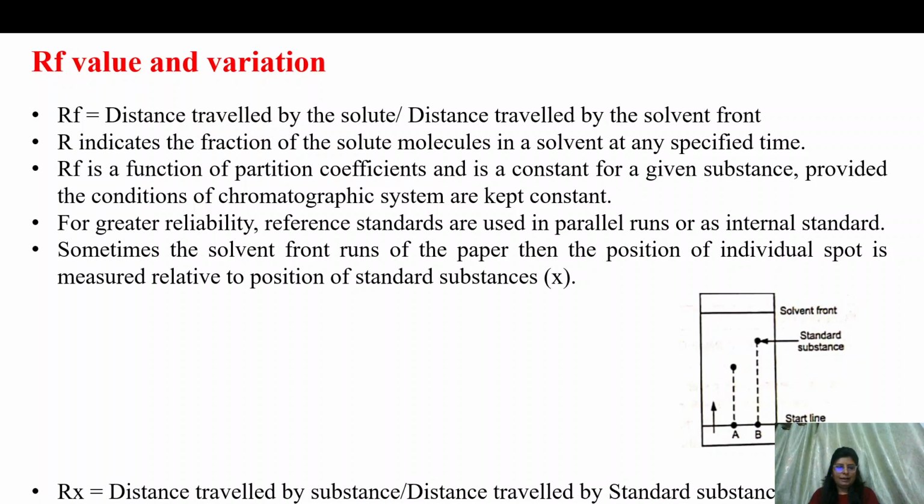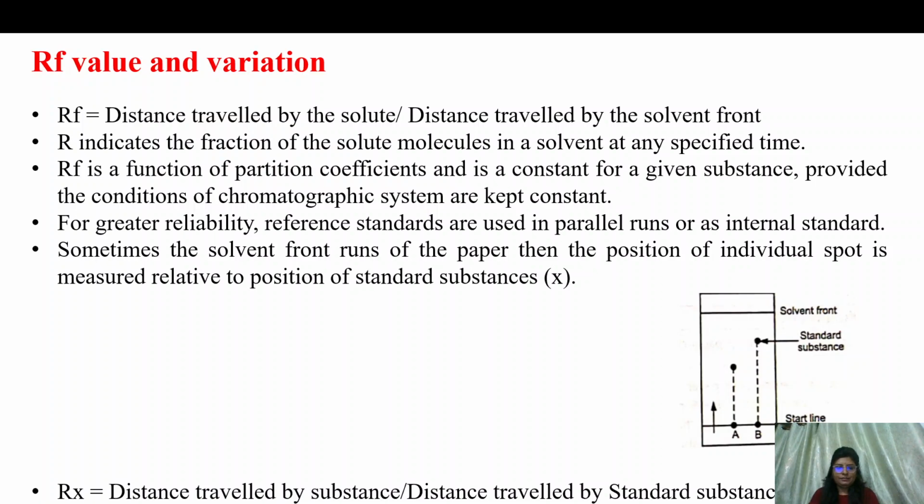For greater reliability, we can use a reference standard in a parallel run, or we can use an internal standard. As you can see in the diagram, two components are seen, A and B. A is your sample and B is the reference standard. Here is a start line where we can put our sample, and you can see another line, the solvent front, up to which the solvent runs.